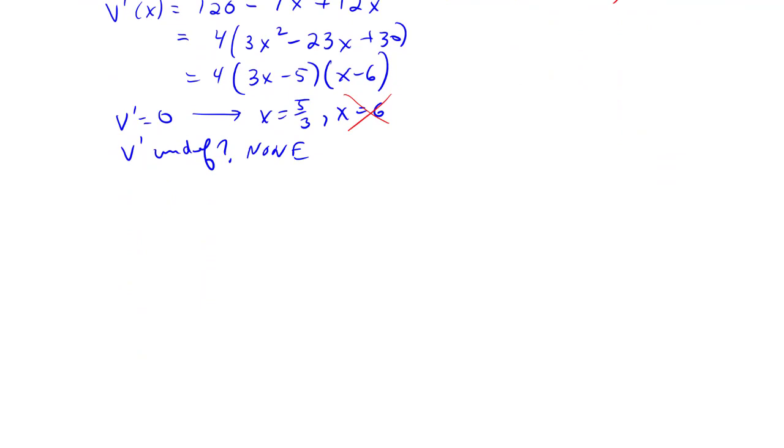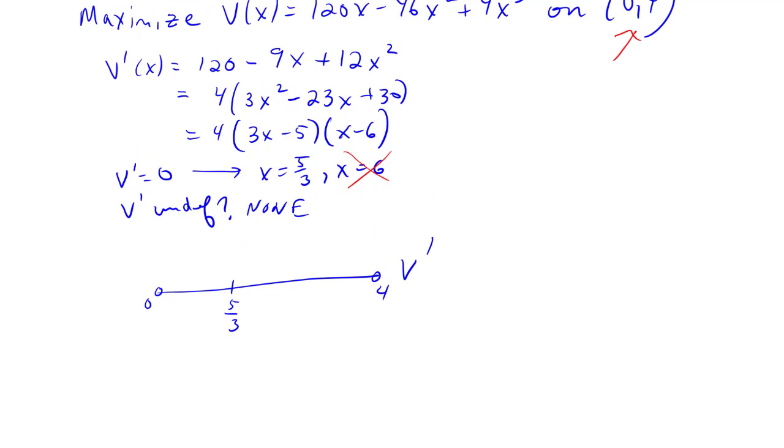So that's not going to be considered. Okay, so we go to our chart from 0 to 4 with 5/3 in there. So let's just put that there. So this is V prime. So if I go back to V prime, here's V prime in here. So if I put in, say, 1, I would get negative times negative, I would get positive.